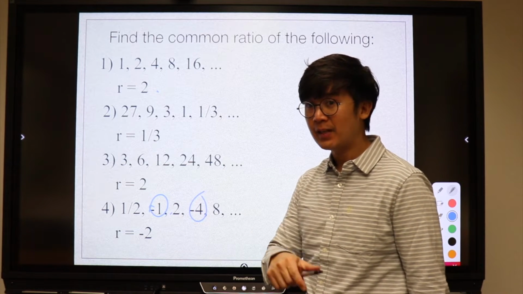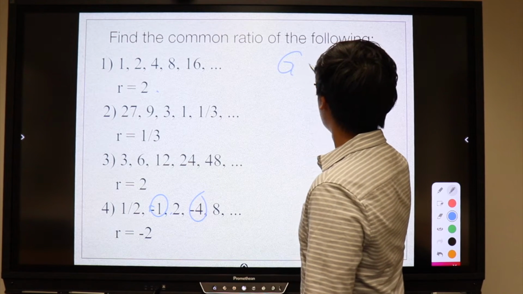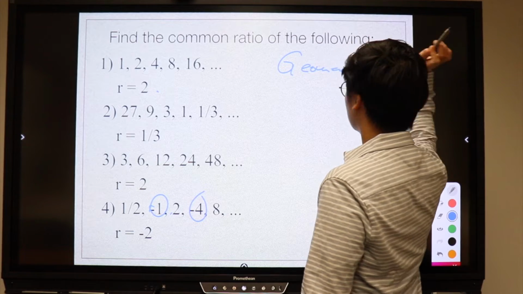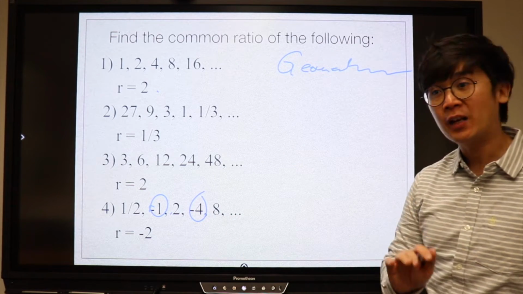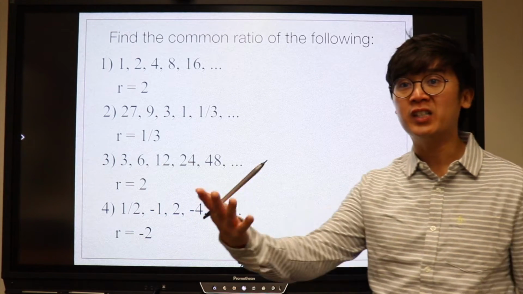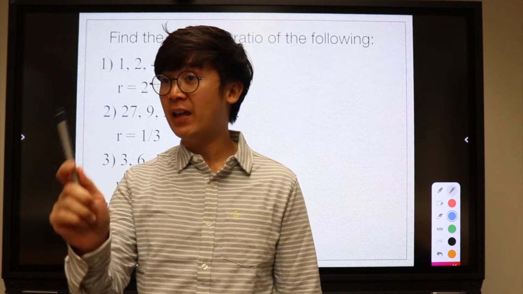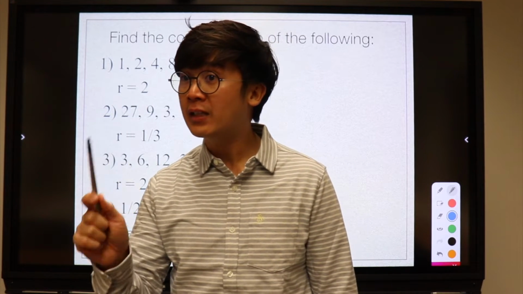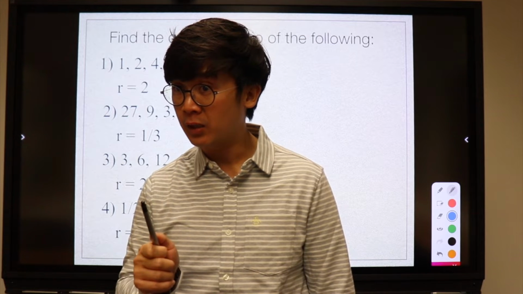And that will always happen for a geometric sequence. Okay? We're not done with this yet because we're just making sense of the geometric sequence given that they have a common ratio.